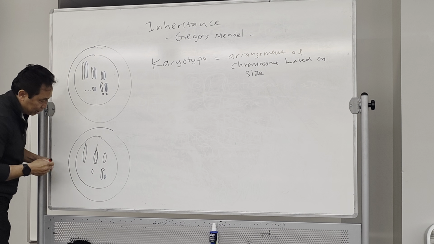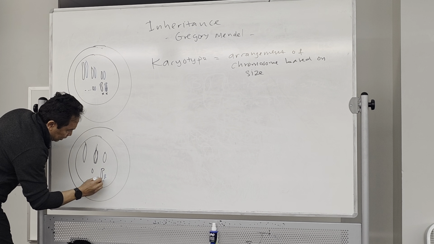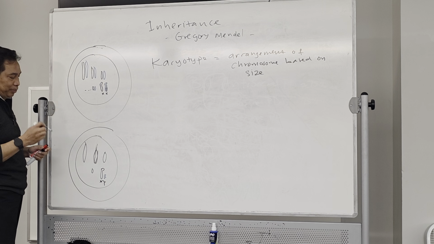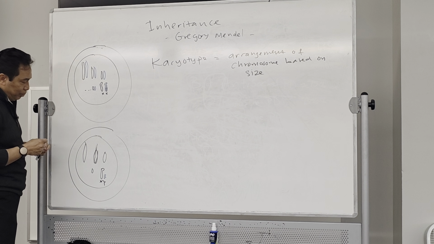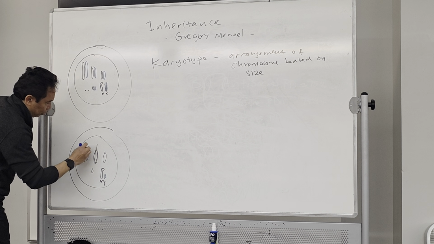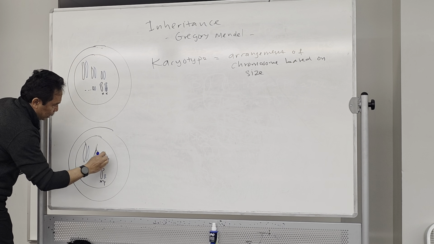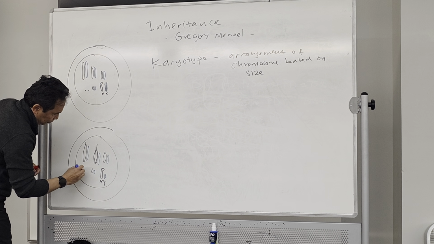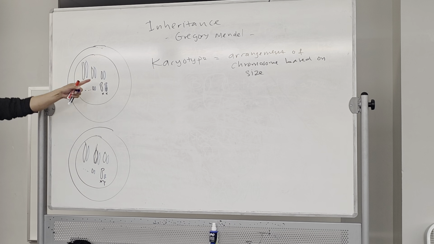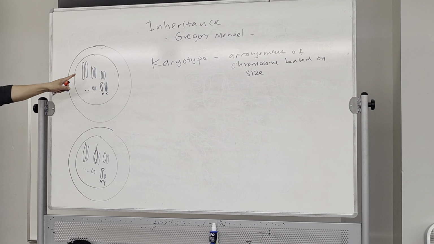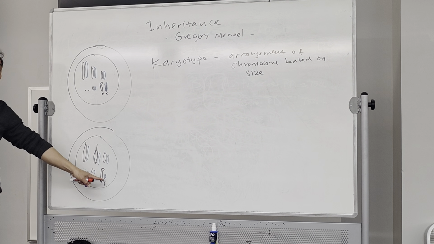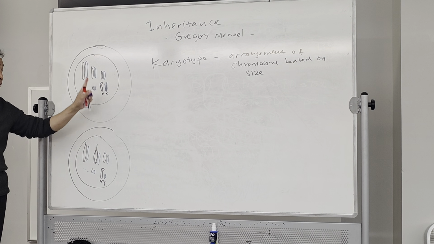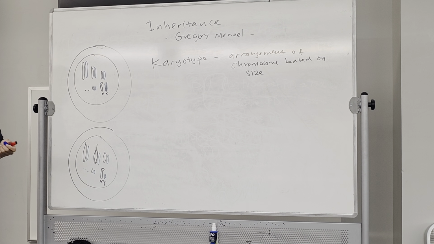So this is X and Y. So the blue one will be from the father, because only the father carries the Y chromosome. So change the color over here. The blue is coming from the father.